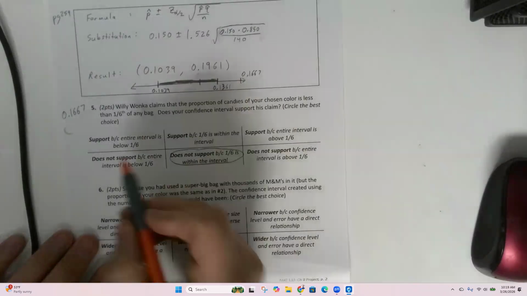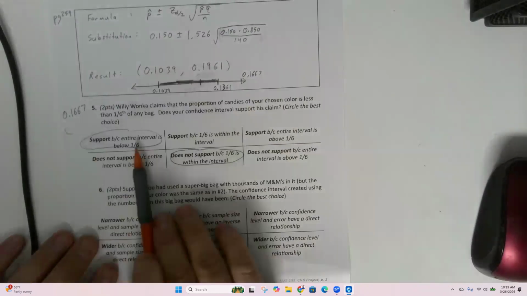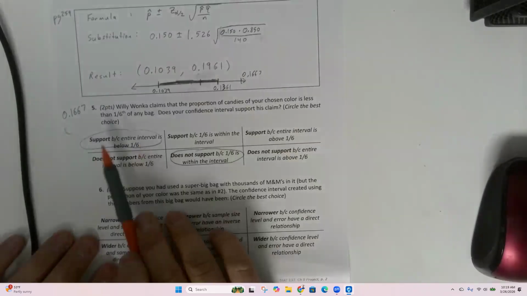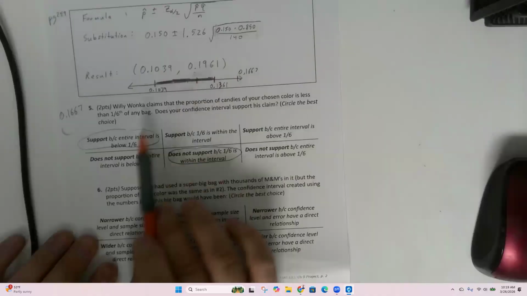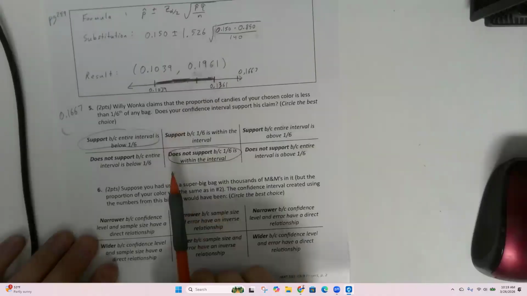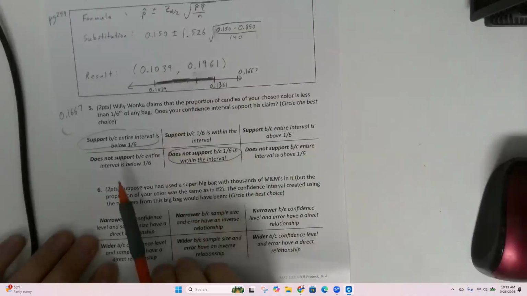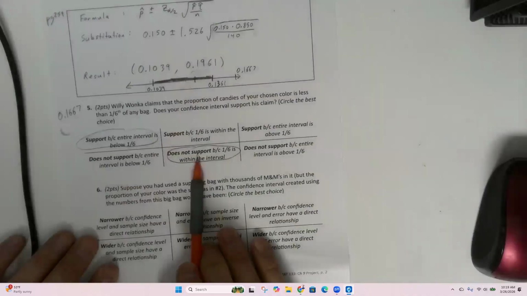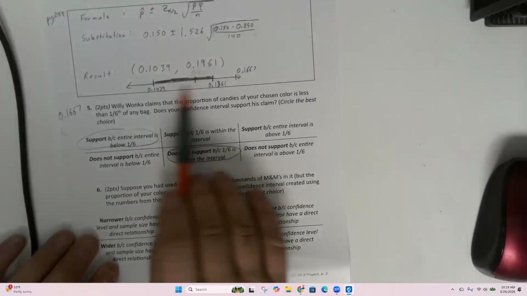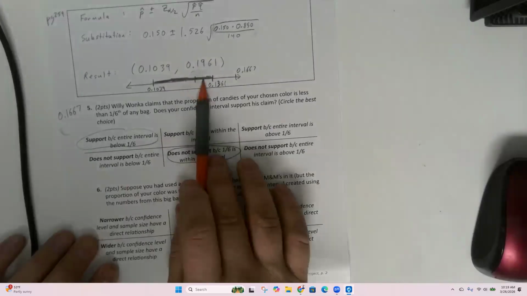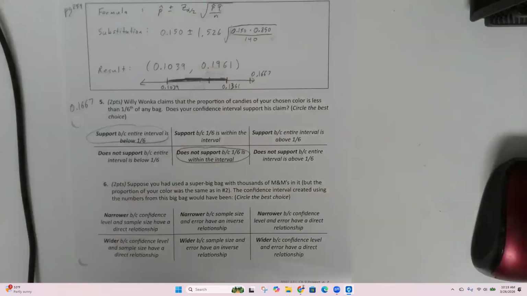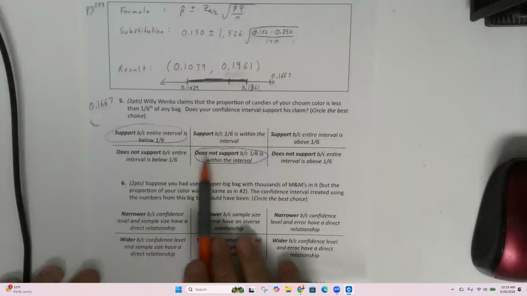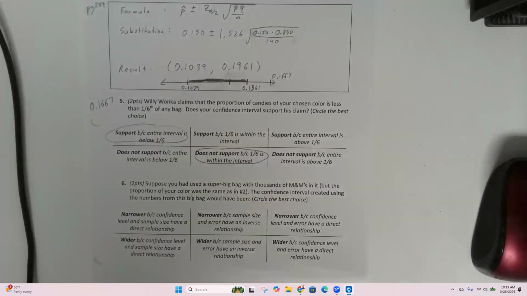If that's the case, you would be circling this one because the entire interval, all the shaded area, is below 1/6. So one of these is your answer, depending on whether 16% is in your range or not. Okay. So don't circle both. You'll circle one depending on what your sample's telling you.